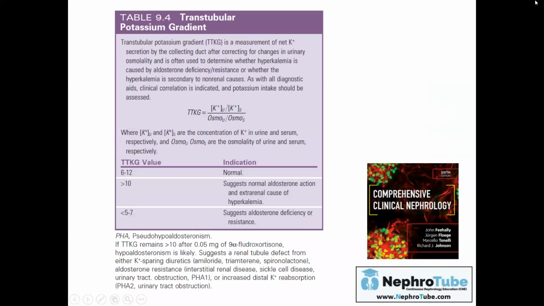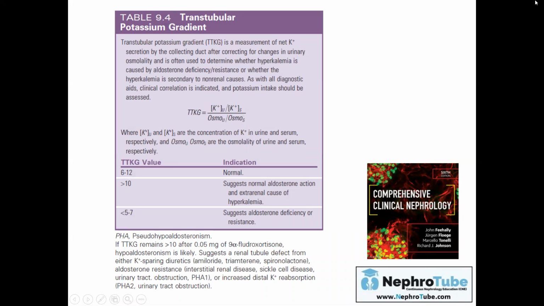By the way, I will discuss this equation, which is called the transtubular potassium gradient. It is mentioned in many textbooks and literature evidence, but actually in practice, I think that its use is not common.